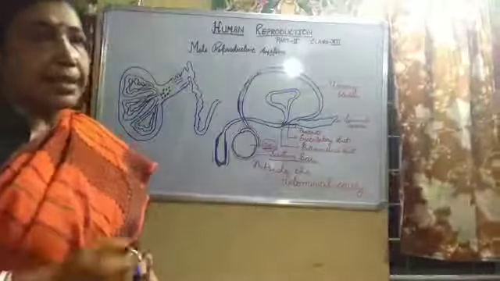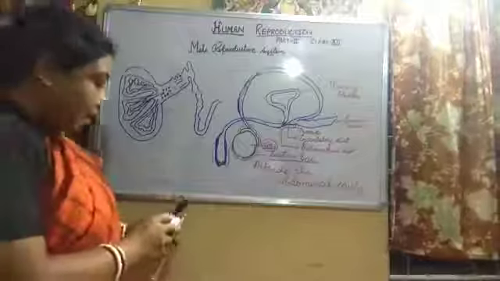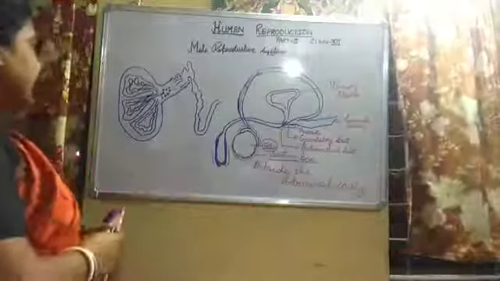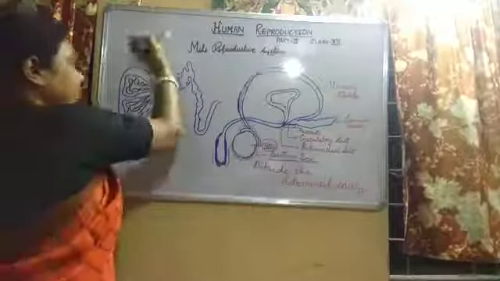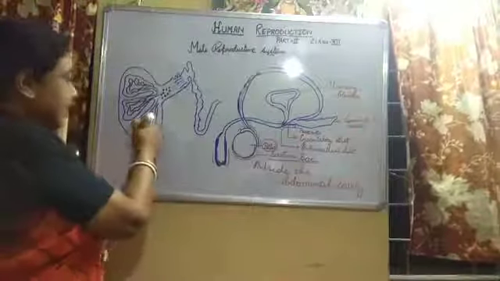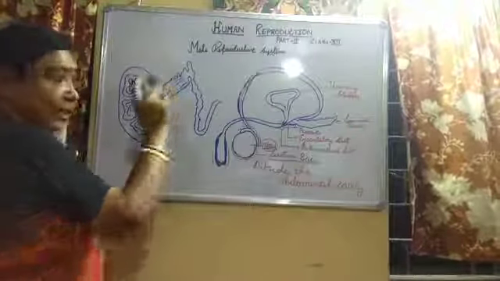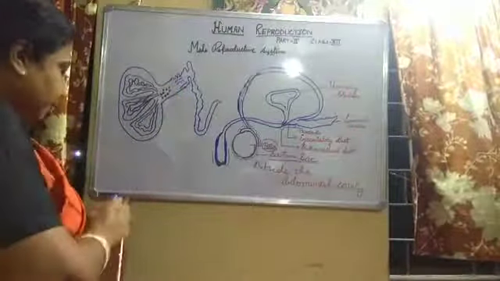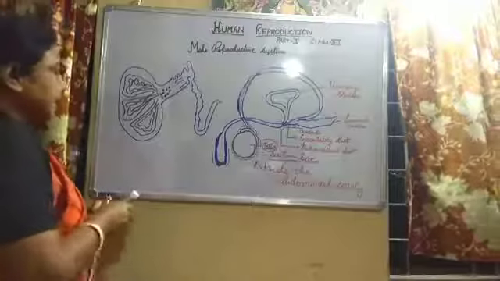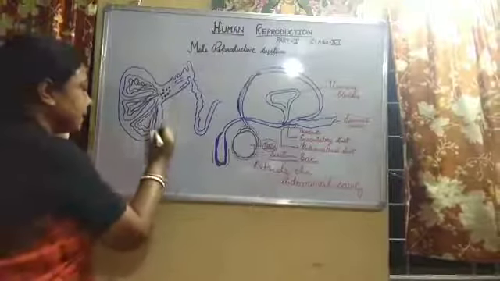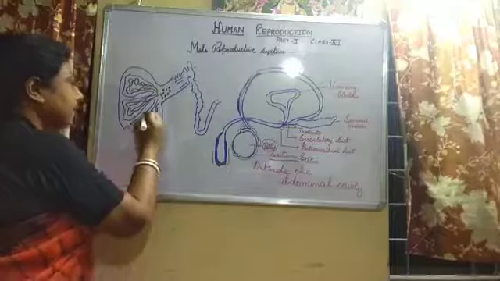If we take a section of the testis, then inside the testis, what are you going to see, children? This is the sectional view of the testis. In the sectional view, you will see certain compartments.